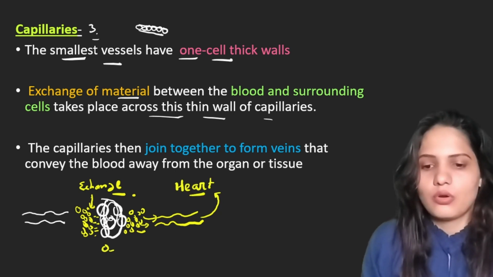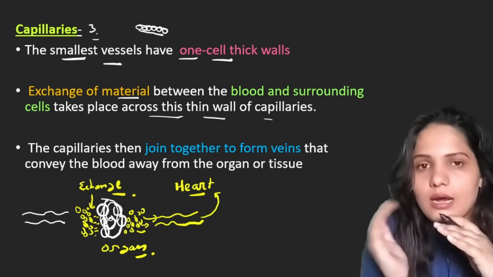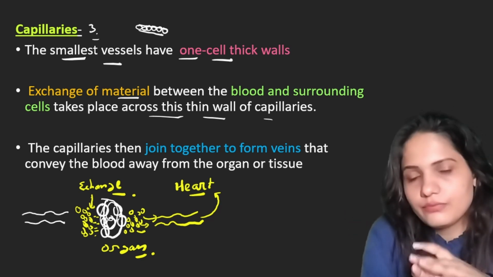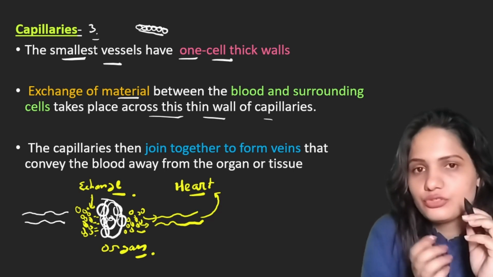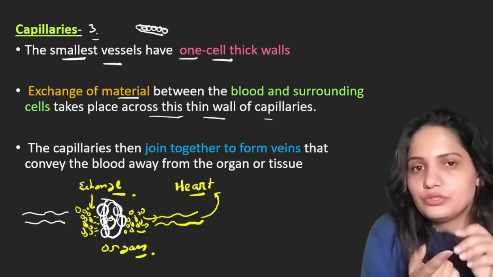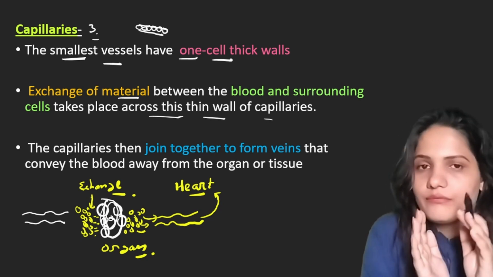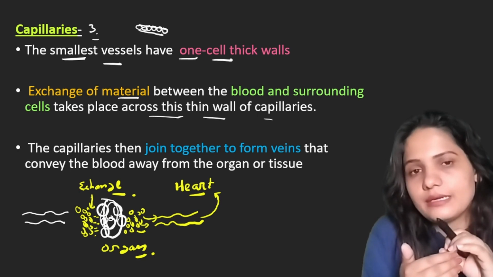This is an organ, any organ, tissue, cell. What happens is our arteries bring blood from the heart, and arteries always carry oxygenated, pure blood, and that pure blood is used by the cells. After using that pure blood, the cells add carbon dioxide into the blood.